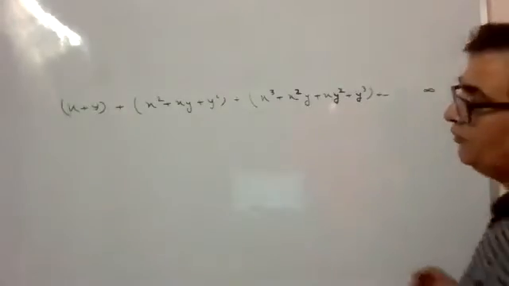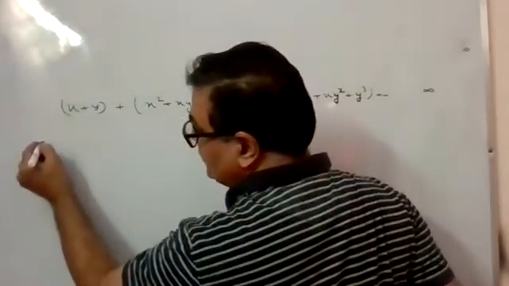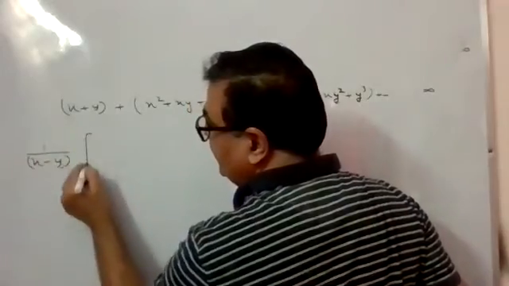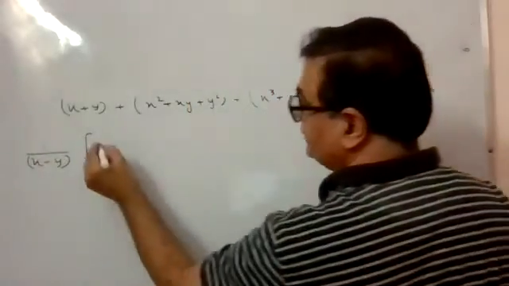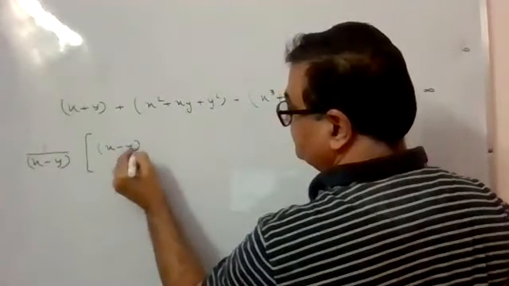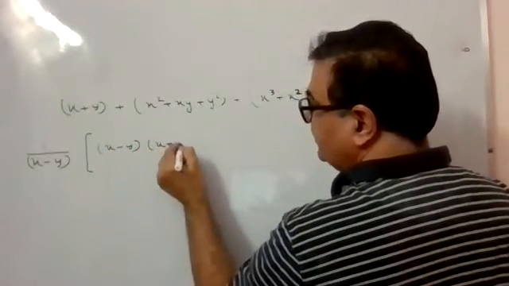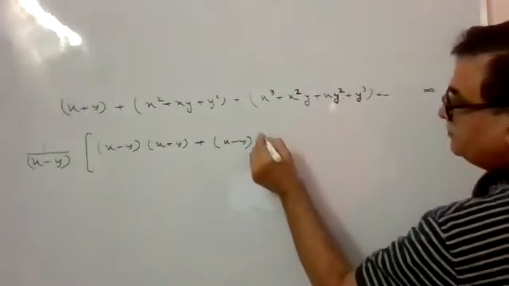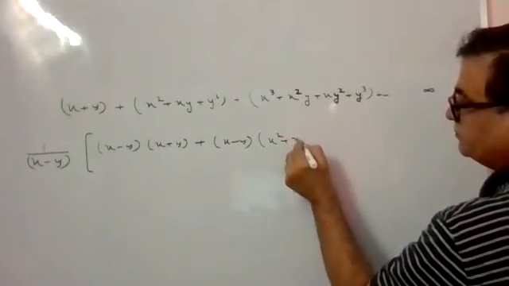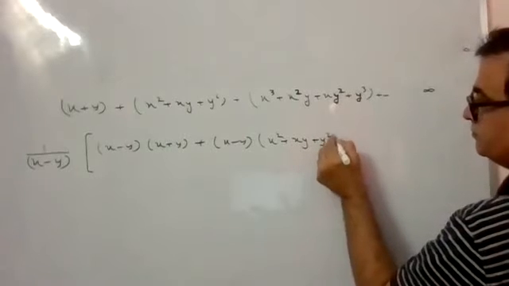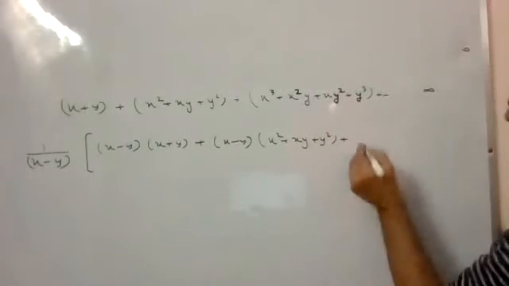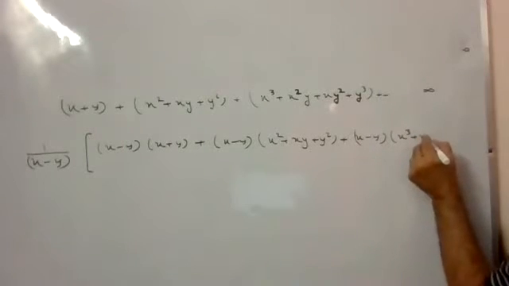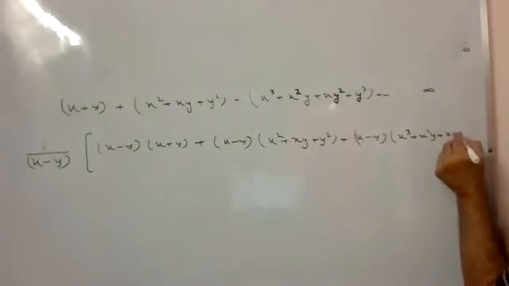So in this case, there is a trick for this question. You multiply the complete equation by x minus y, and also divide by x minus y.